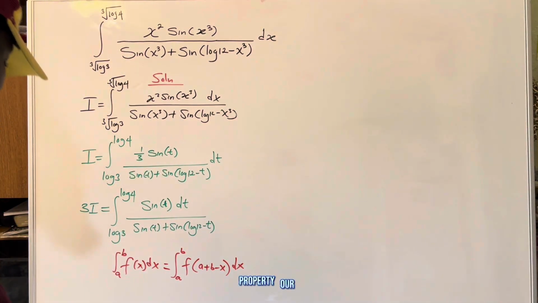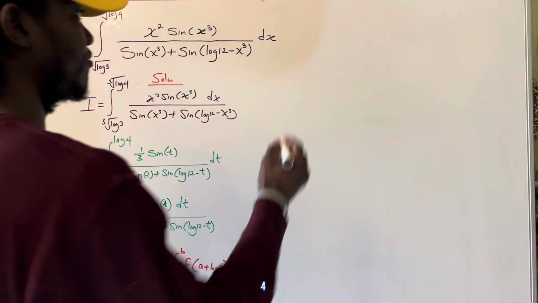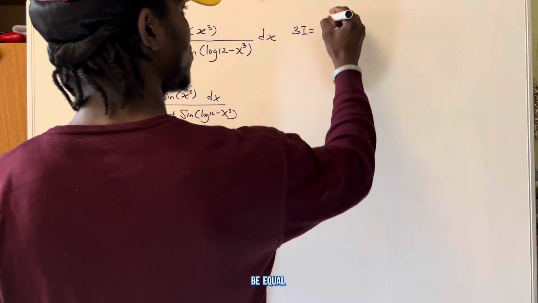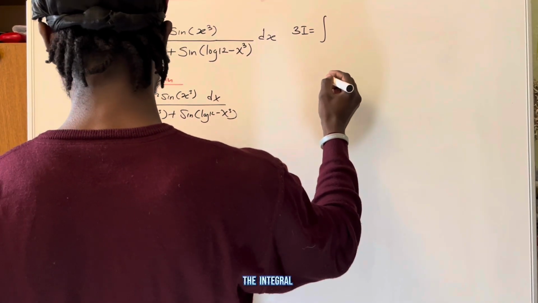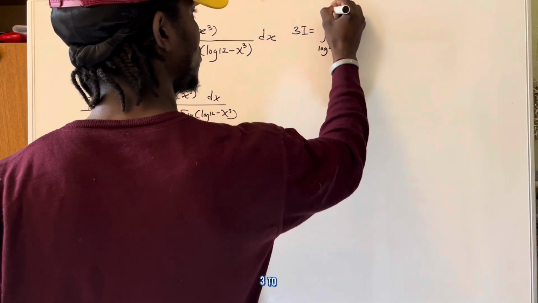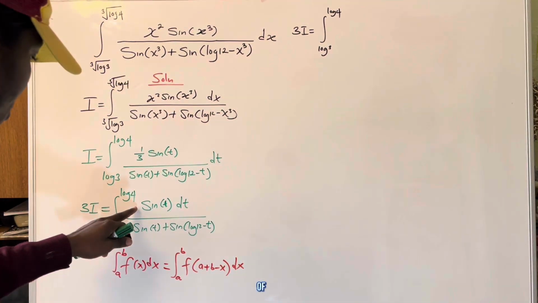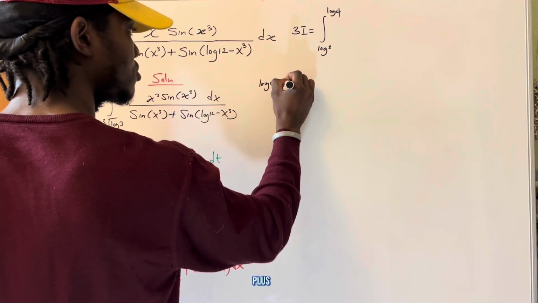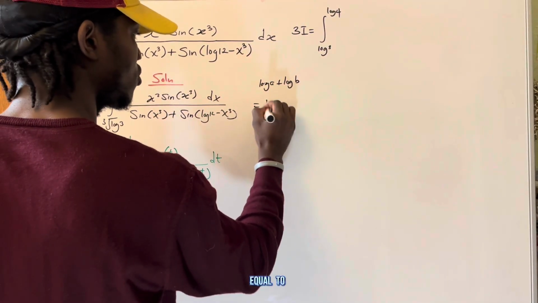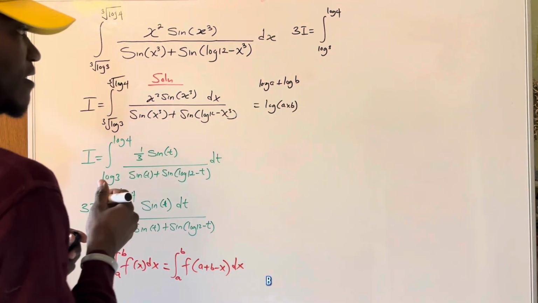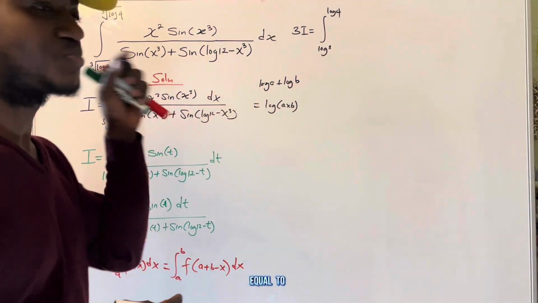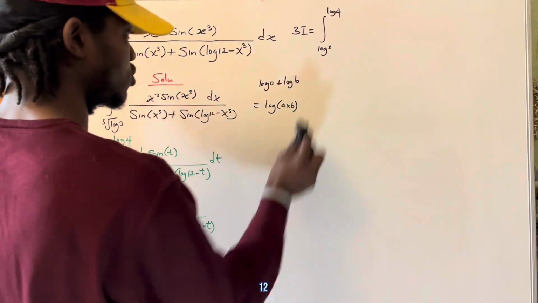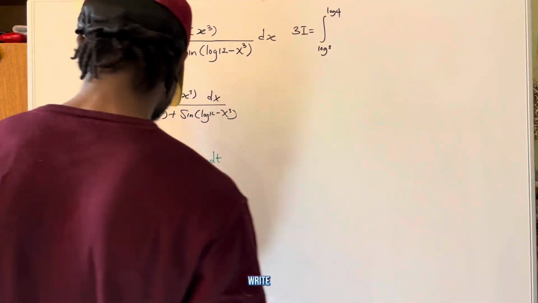So using the King's property, our a is log 3, our b is log 4. But notice that if you have log a plus log b, this is equal to log of a times b. So log 3 plus log 4 is equal to log of 3 times 4, which is just log 12. So I'm just going to write log 12.